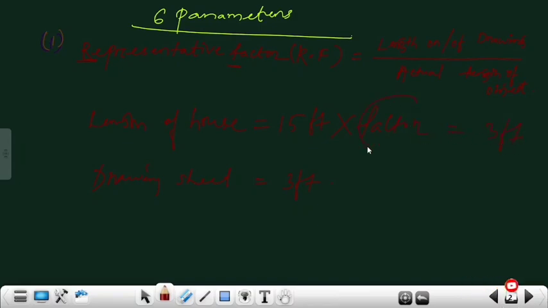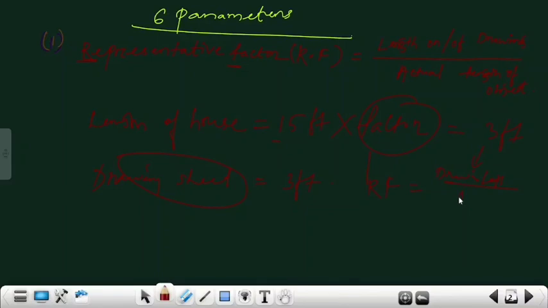This factor is called the representative factor, RF, which is equal to 3 feet, the drawing sheet length, divided by 15 feet, the actual length of the house.